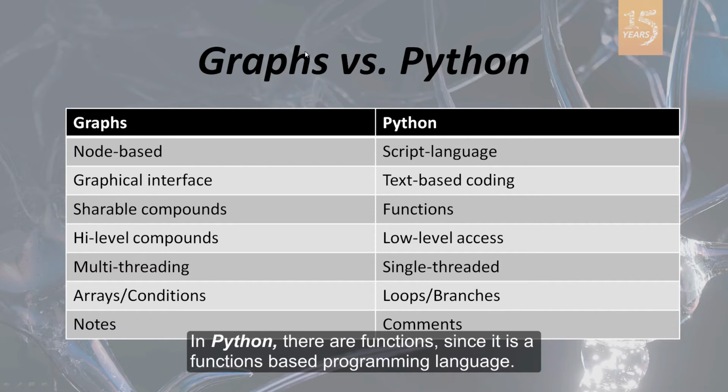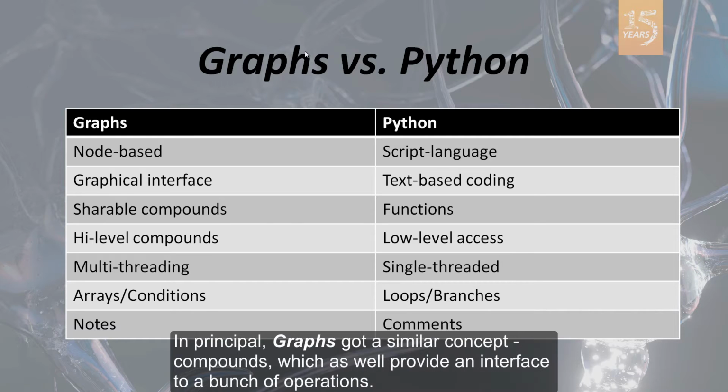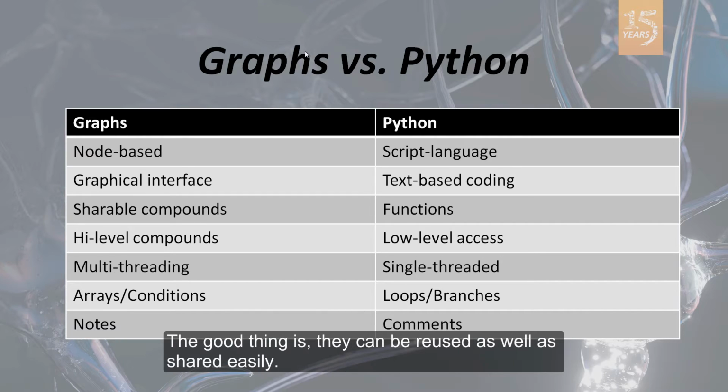Well, we know in Python there are functions. It's a function-based programming language. In graphs we got a similar concept. We got compounds, which also provide an interface to a bunch of operations, and the good thing is that they can be shared and reused at will.